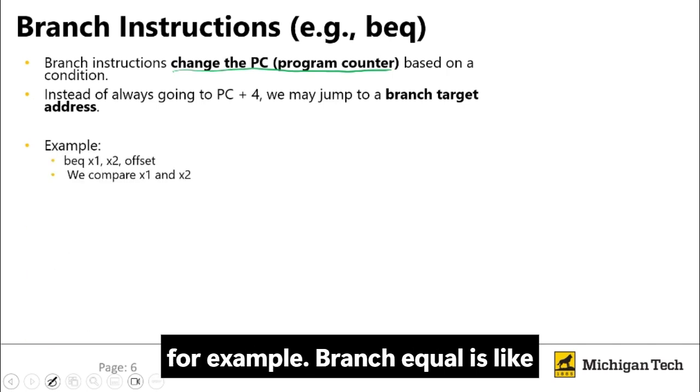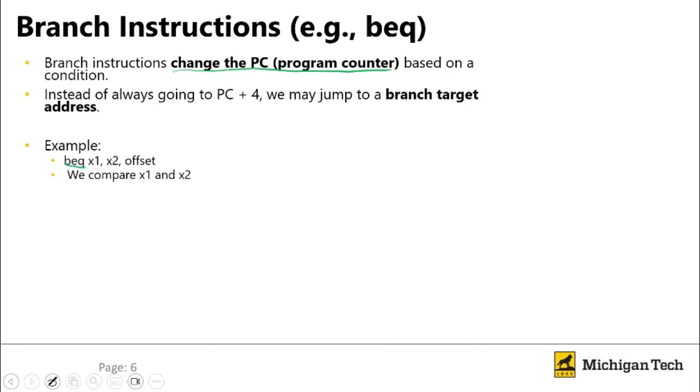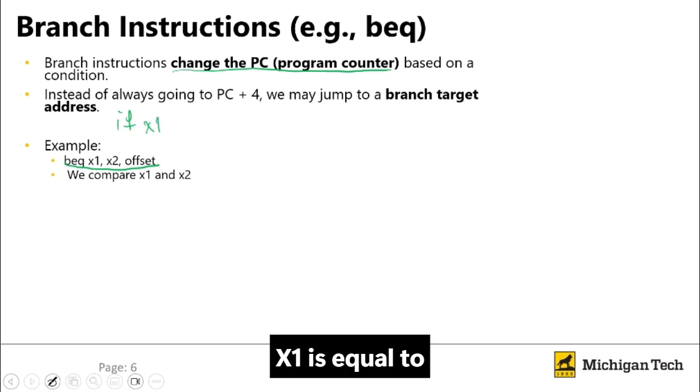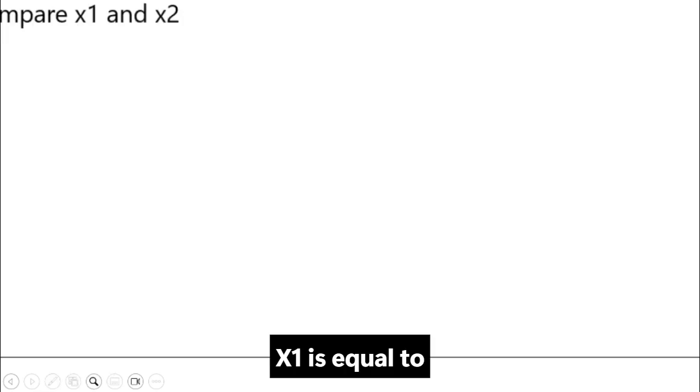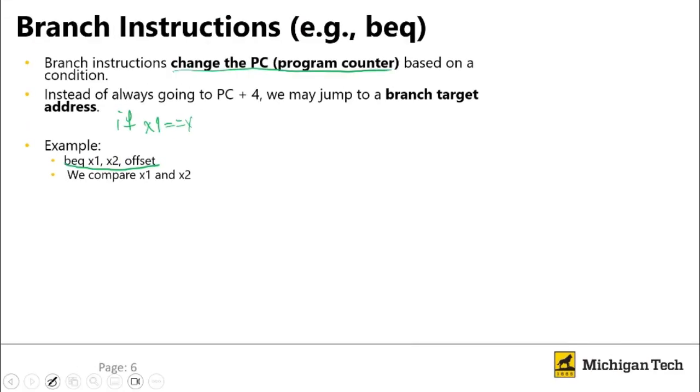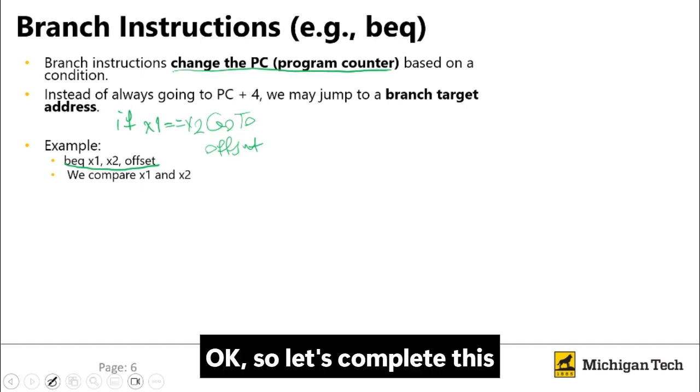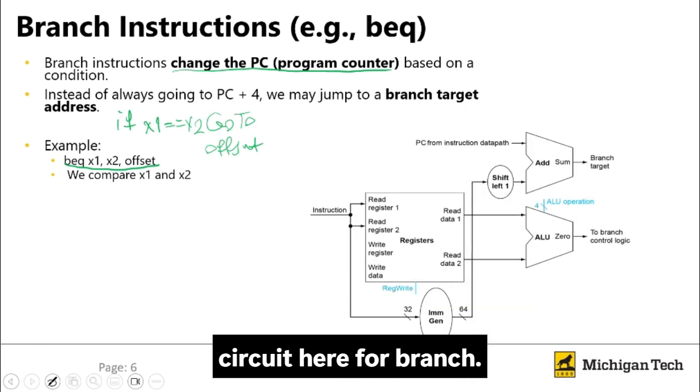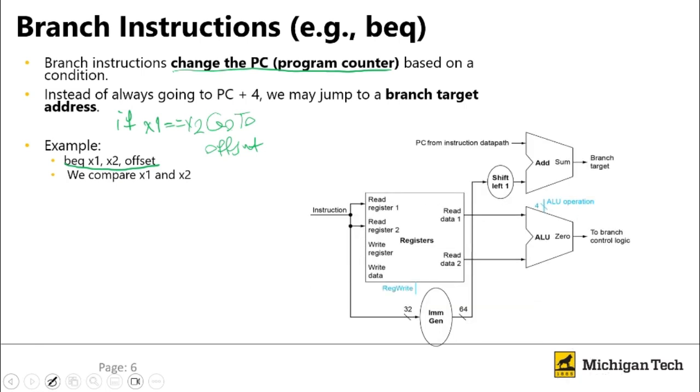Like, for example, branch equal is like that: if x1 is equal to x2, go to offset. Okay, so let's complete this circuit here for branch.